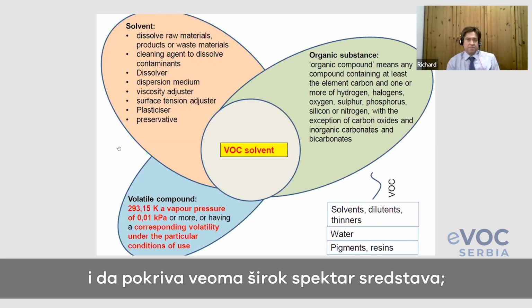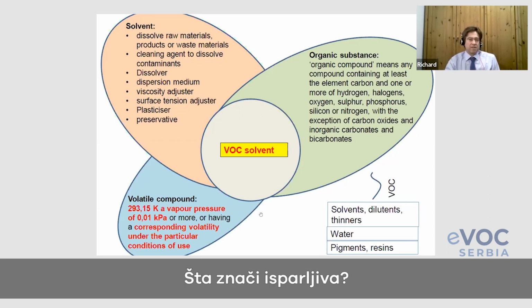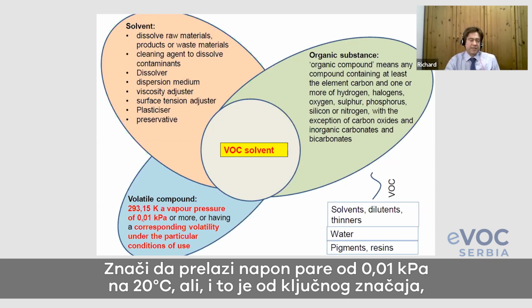It's clear, first it must be an organic substance and it must be volatile. So what is volatile? Volatile is if you exceed a vapor pressure of 0.01 kilopascal at 20 degrees Celsius.